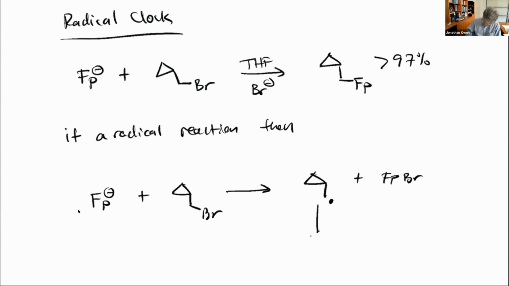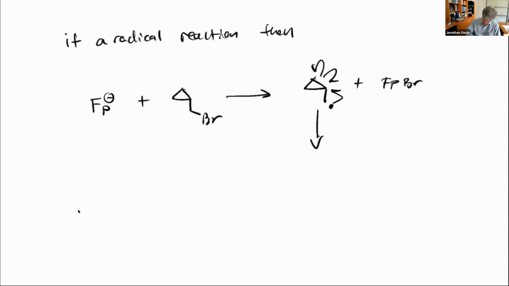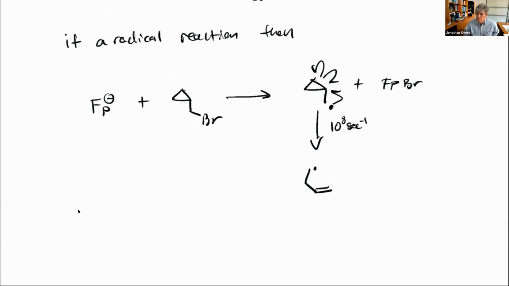This product undergoes fragmentation like this, and it produces this butenyl radical. So it ring opens, and it happens with a rate constant of 10 to the 8th per second. That's really fast, and that's at room temperature.